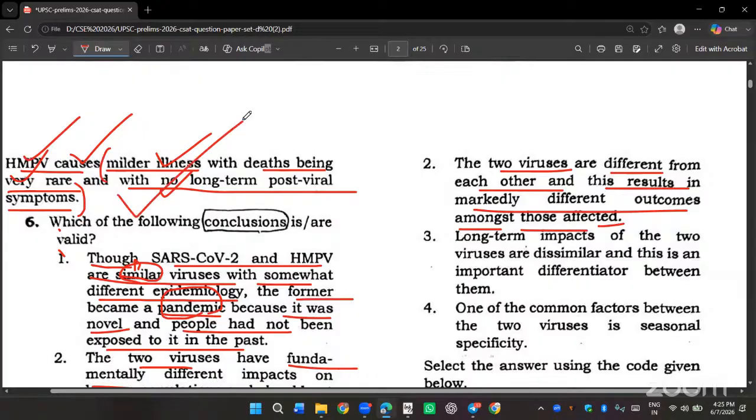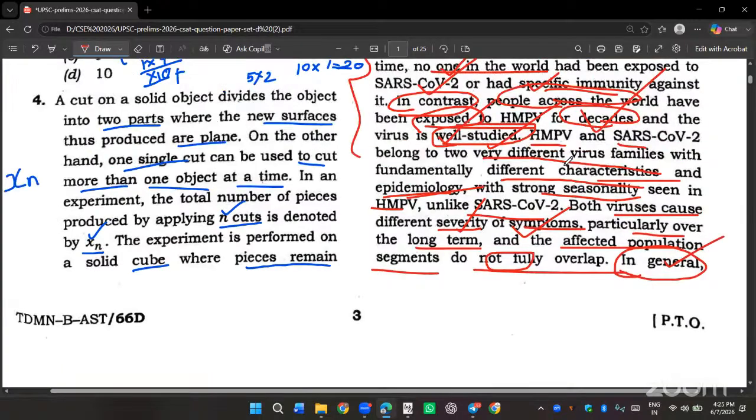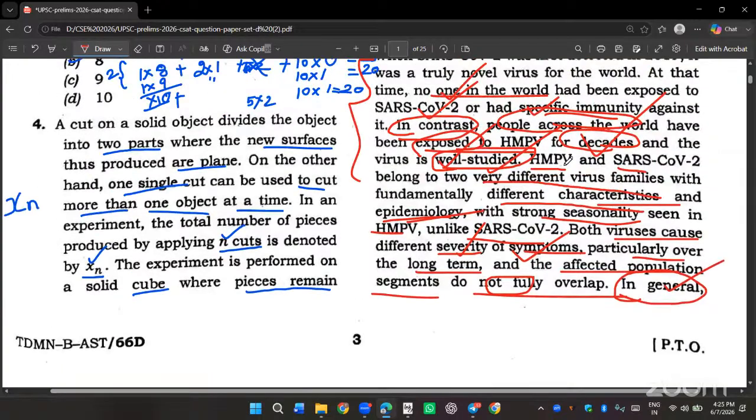Good. But for others, what happened? Different epidemiology, characteristics. Okay. Both viruses cause different severity, symptoms, long term, short term.